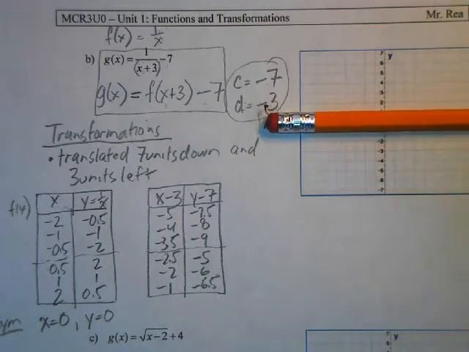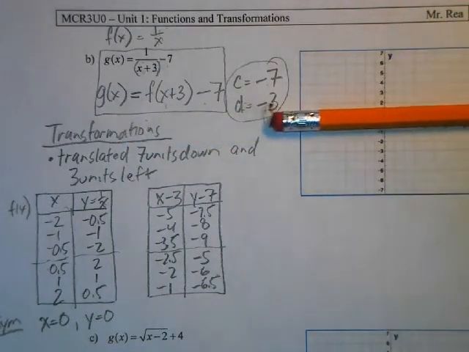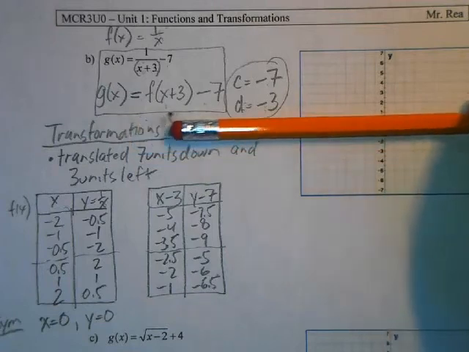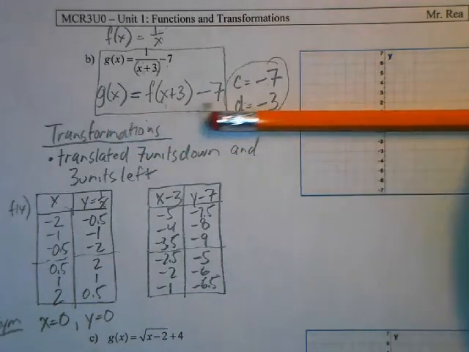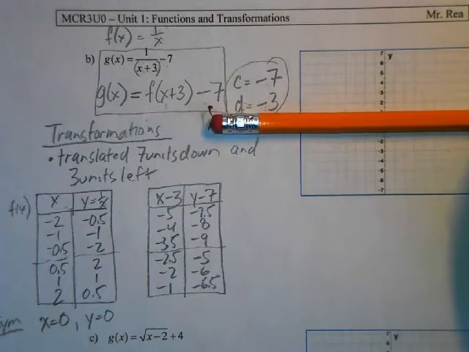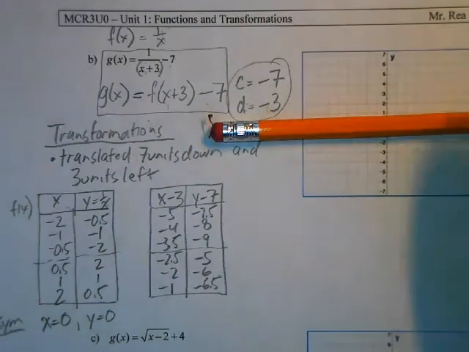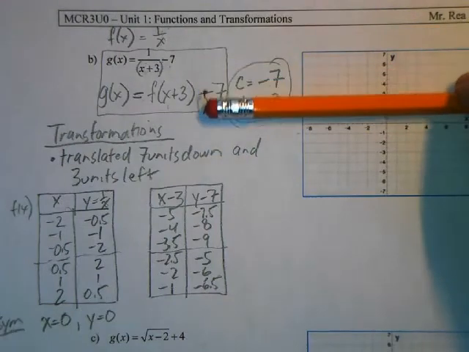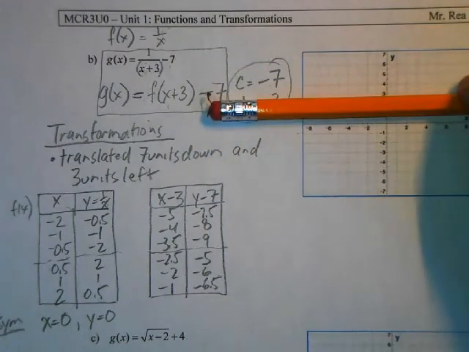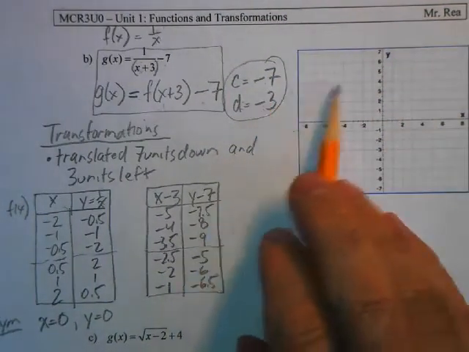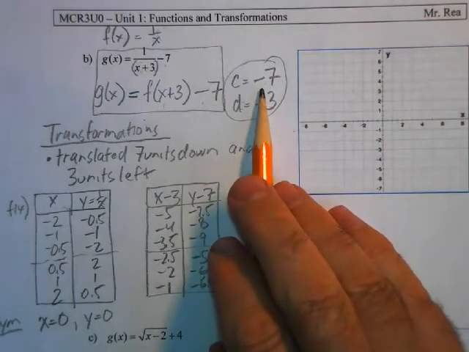If I shift any points left or right, is that affecting my horizontal asymptote? No, it's not. It's just keeping it where it is. But as soon as I apply a vertical translation up or down, that's changing where that asymptote will be.